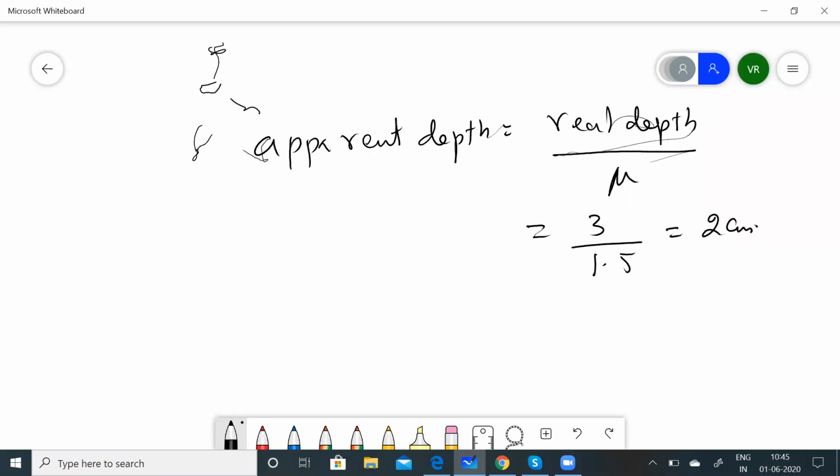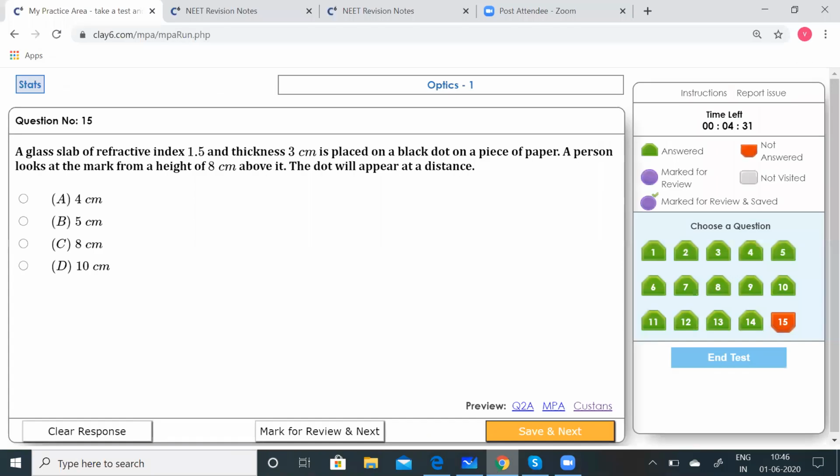So the person sees the dot at a distance of 8 plus 2, which is equal to 10 centimeters. The distance from his eyes to the surface is 8, and from there this distance is 2. Let's see which option is correct. 10 centimeters, yes. So option D is correct.